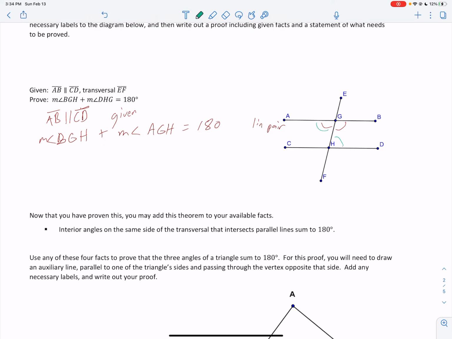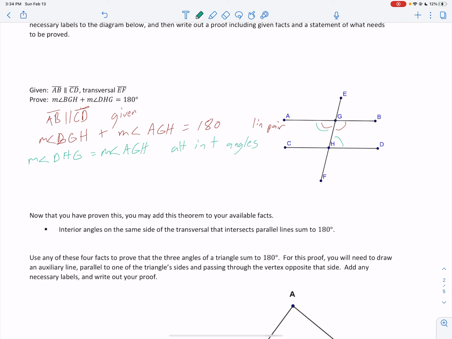Those are alternate interior angles, and we know for a fact we can use that. So we can say that the measure of angle DHG is equal to the measure of angle AGH because they're alternate interior angles.